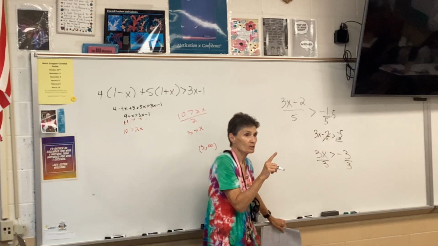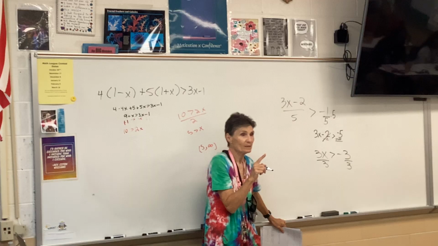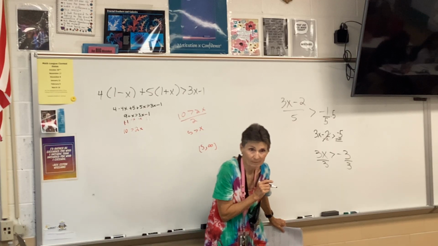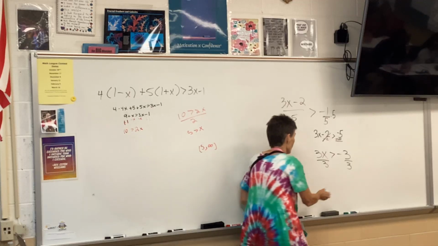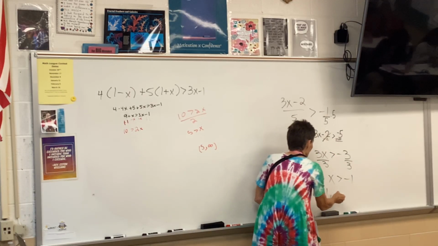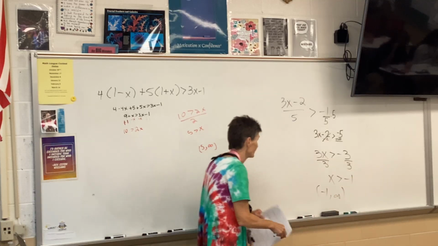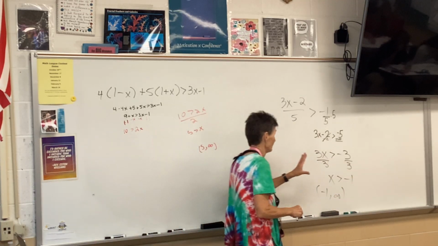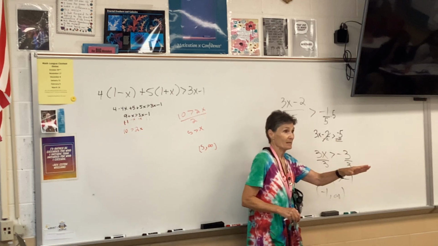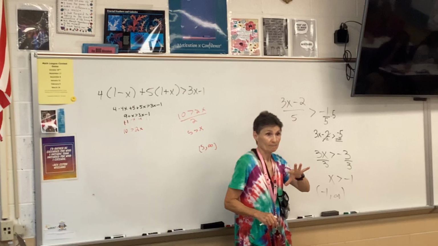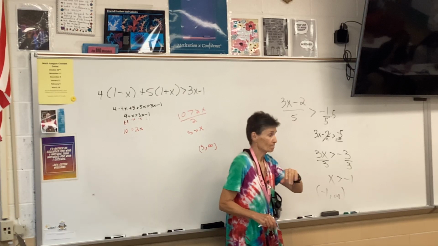And when do we switch the sign? When we divide by a negative, and we didn't, did we? So therefore, our answer is x is greater than -1, which is this. I fell for that too, guys, that was my mistake too. There's a negative in the problem, but I'm not dividing by it. I flip the sign when I divide by it, okay?